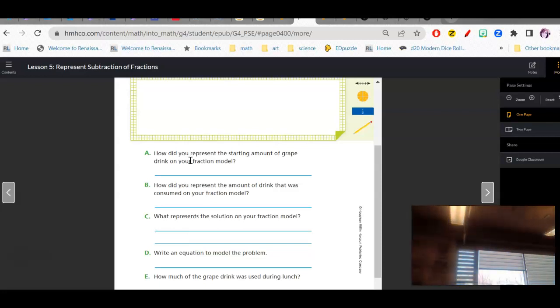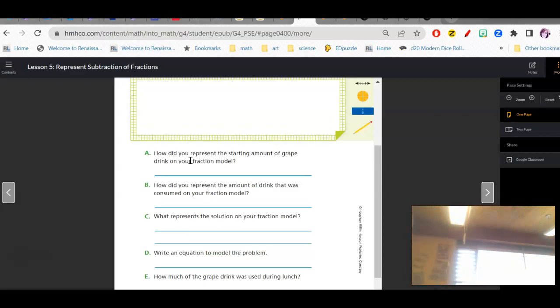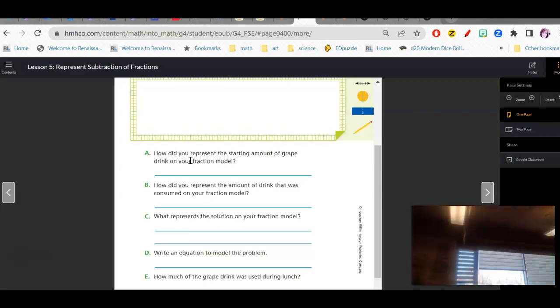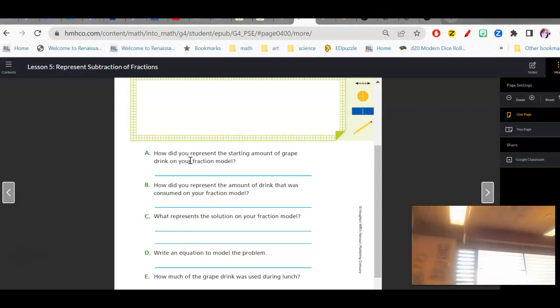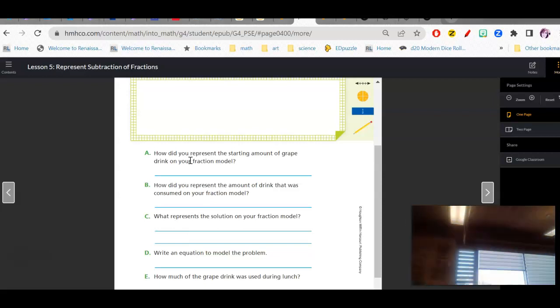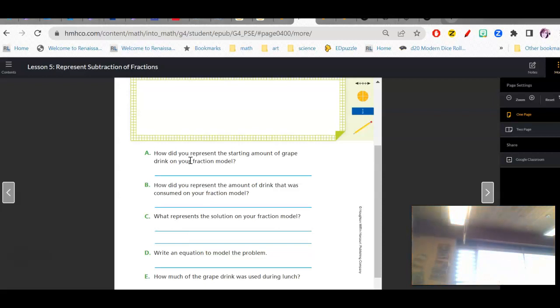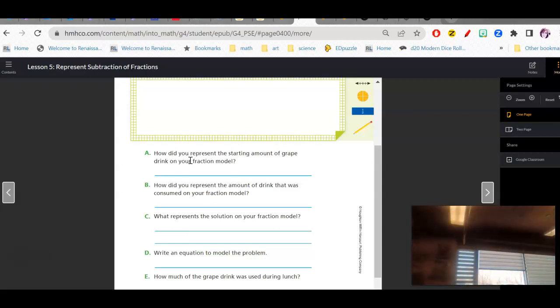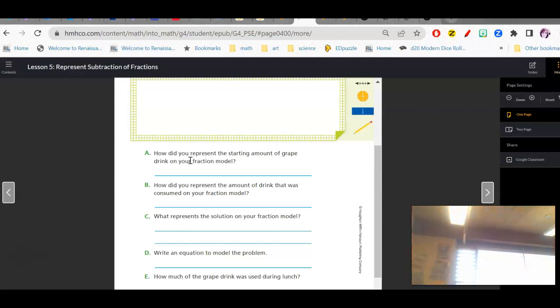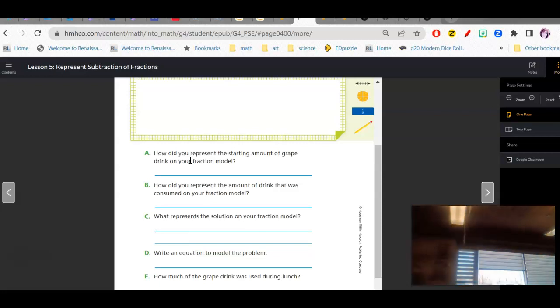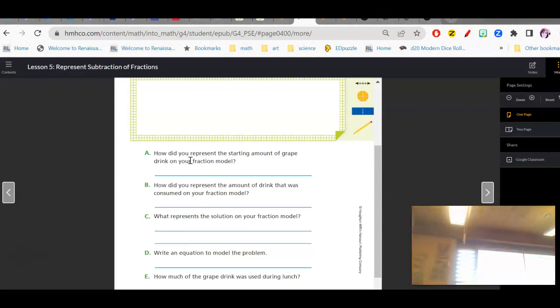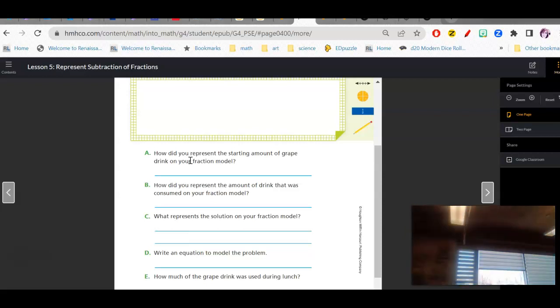D, write an equation to model the problem. What's our equation going to be, Gemma? 9/10 minus 3/10. 9/10 subtract 3/10 equals what? Equals 6/10. What's our label? Gallons, thank you.